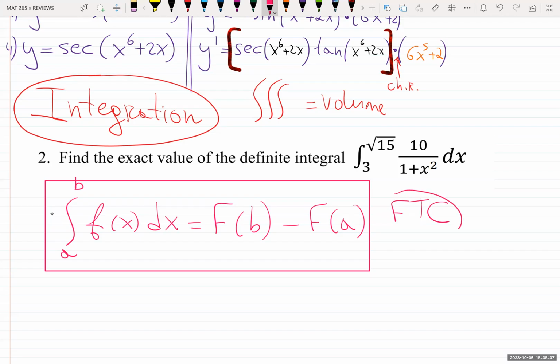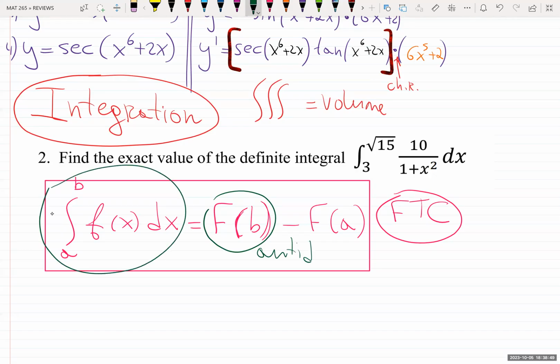So this was the most important achievement in previous centuries. It literally changed everything. Such an elegant connection, and the connection was given between antiderivatives and areas, basically. Well, it's not just areas, but accumulation, the accumulating function.